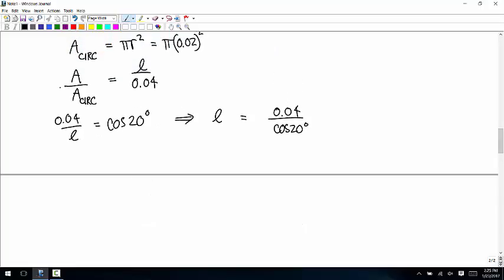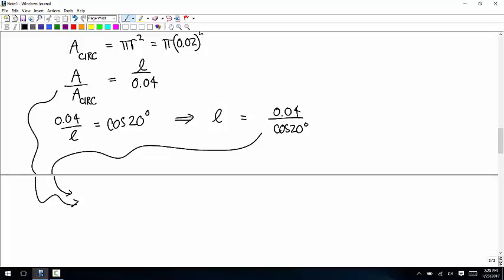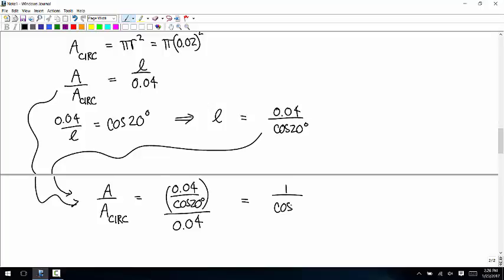And so going back up to this one at the top and plugging this result into it, A over A circle is 0.04 over cosine 20 divided by 0.04, or in other words, this is just equal to 1 over cosine of 20.